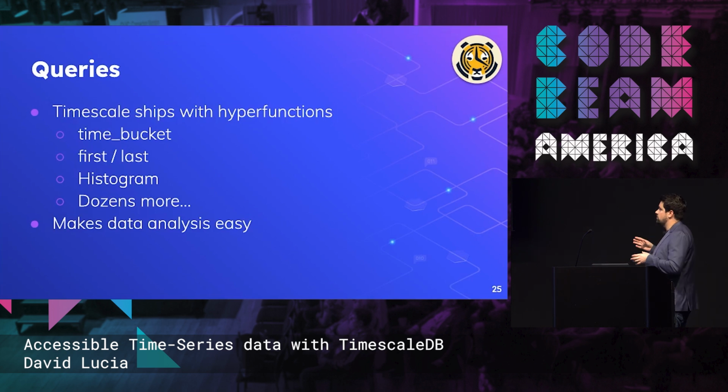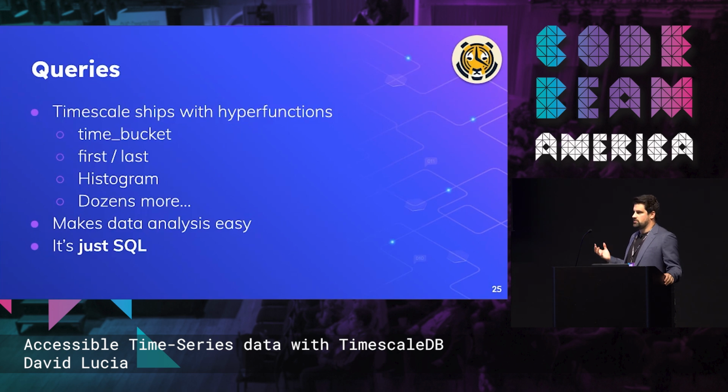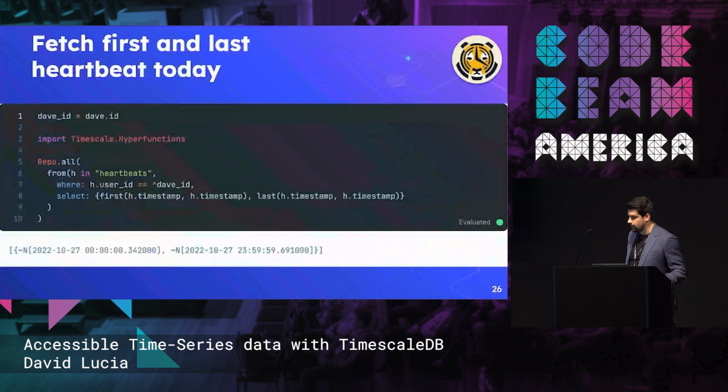With the extensions that you get with Timescale, you could do a lot of these aggregations all inside of the database. And the best part of it is it's just SQL, so it's going to work with your existing tooling across pretty much every language because you're using SQL across every language.